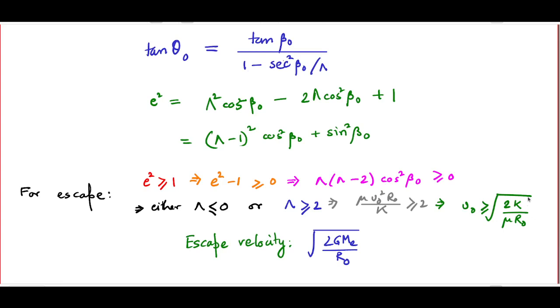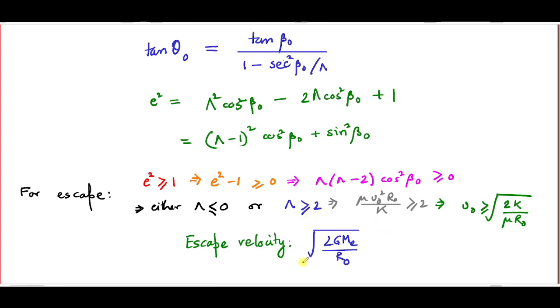Now, replacing the k by G M Earth times mass of satellite, and realizing that mu for the Earth satellite system is almost exactly equal to the mass of the satellite, gives us a very familiar formula for the escape velocity, root over 2 G M_E by r0, where r0 can be taken to be the radius of the Earth if you're talking of projection from the surface of the Earth itself, and typically this would be the distance from the center of the Earth where the particle has been released after the rockets have stopped burning.